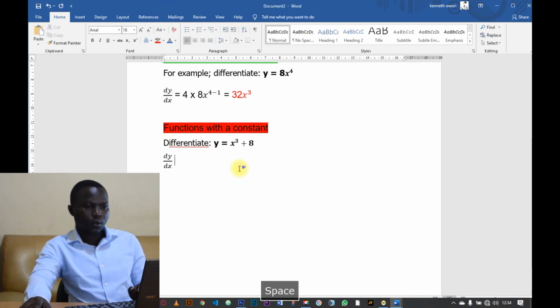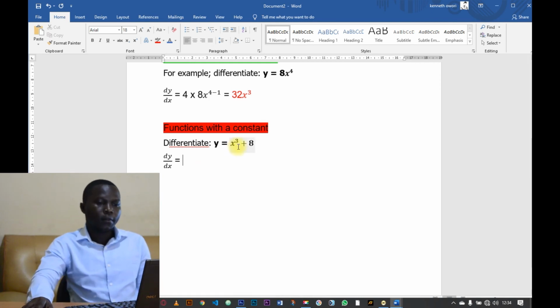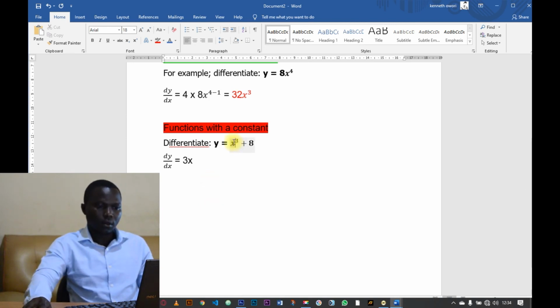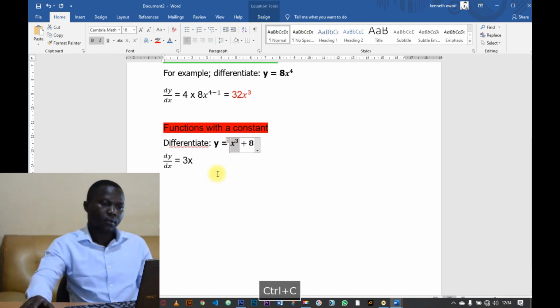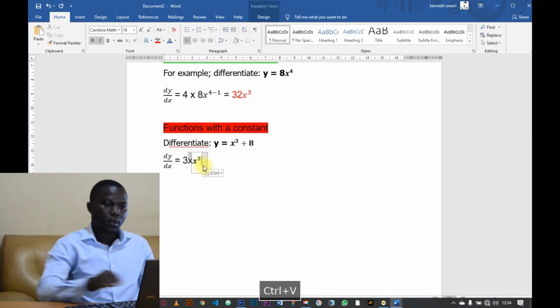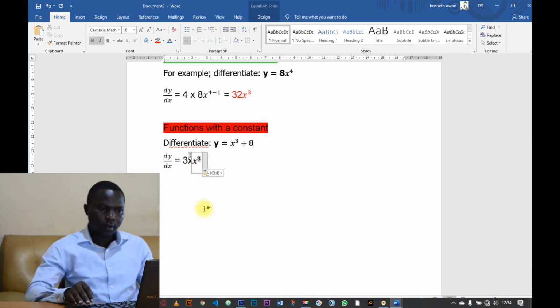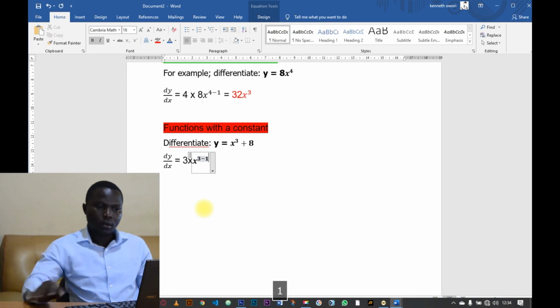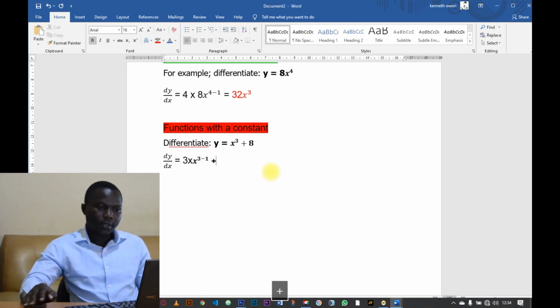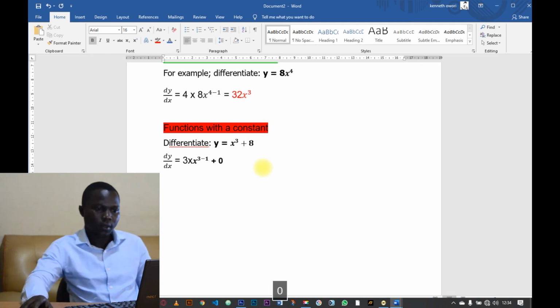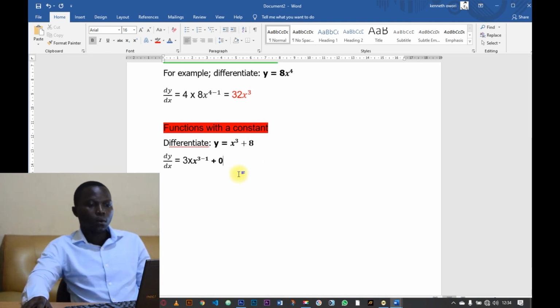dy/dx equals, if we differentiate x power 3, this is what we get, 3 times x. As we said, multiply the expression by the power and then reduce the power by 1. Then plus, if we differentiate 8, we get a 0. So we get plus a 0. Why?